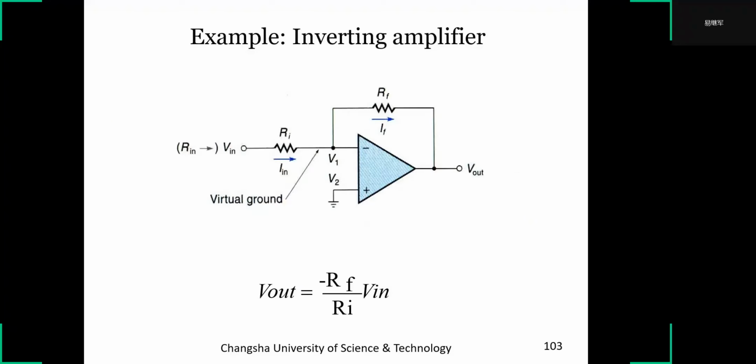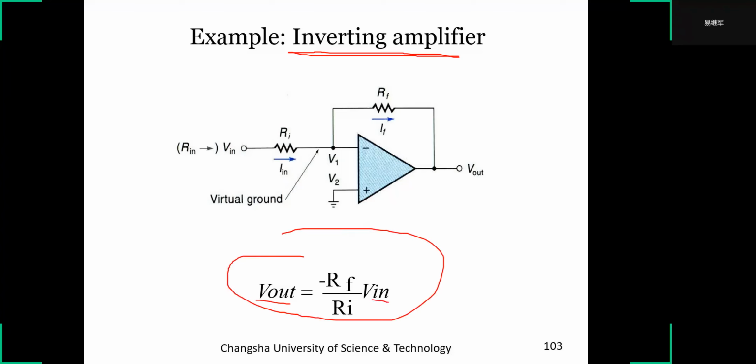This is an example of the inverting amplifier. After the signal is amplified, the sign is inverted. This is the equation for the V out and the V in.